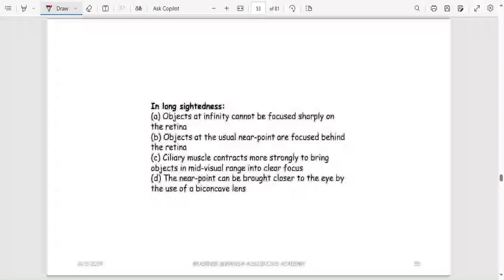Okay. In long-sightedness, objects at infinity cannot be focused sharply on the retina. Objects at the usual near point are focused behind the retina. Ciliary muscle contracts more strongly to bring objects in mid visual range into clear focus. The near point can be brought closer to the eye by the use of a biconcave lens.